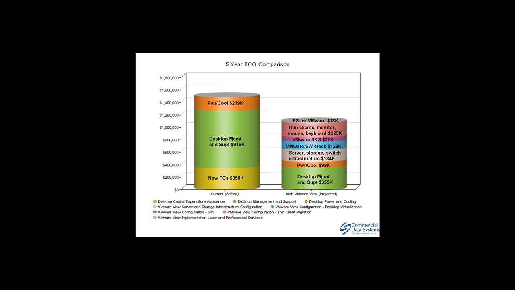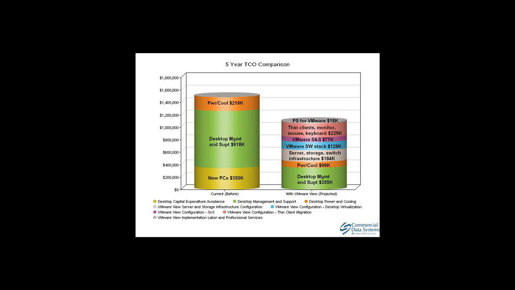As I suggested at the very beginning of the program, the biggest cost associated with conventional PCs, as represented on the left-hand side of the screen, is desktop management and support. The 5-year cost of that effort is about $918,000. Compared to my virtualized environment on the right, that goes down to about $355,000. Interestingly enough, this information is consistent with a recent study I read, totally unassociated with these guys, that basically demonstrated the same findings.